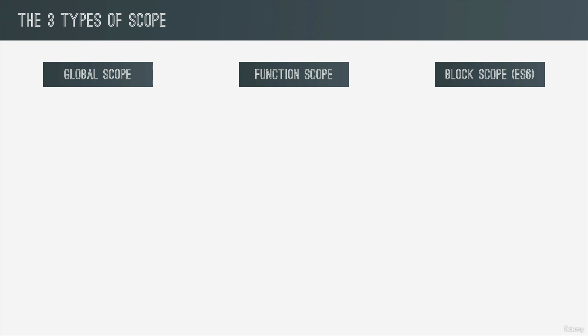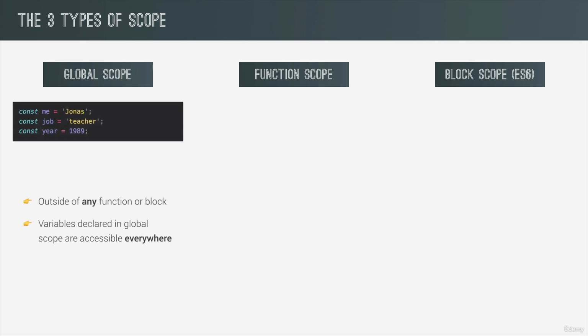And remember, scope is the place in our code where variables are declared. And when I say variables, the exact same thing is true for functions as well. Because in the end, functions are just values that are stored in variables. So first, the global scope is, once more, for top-level code.